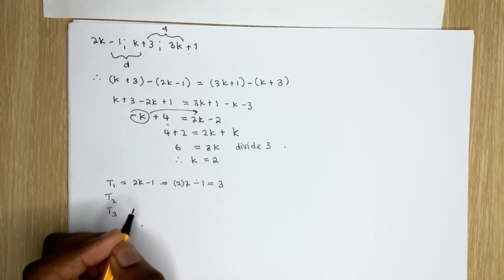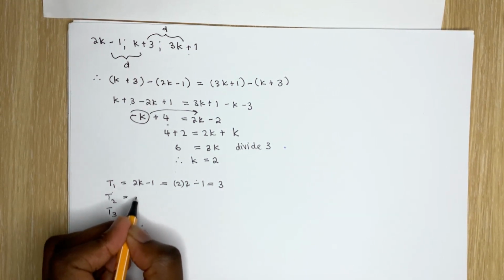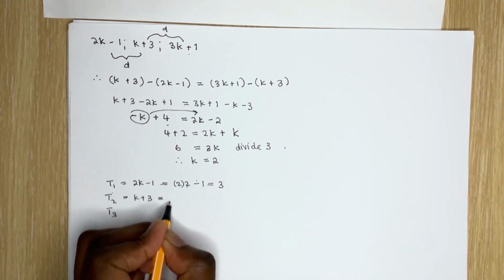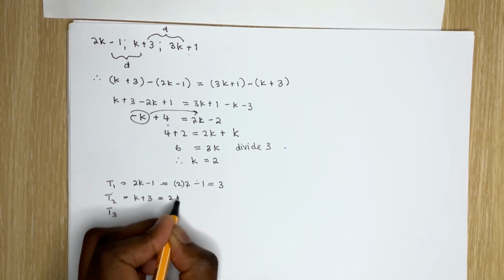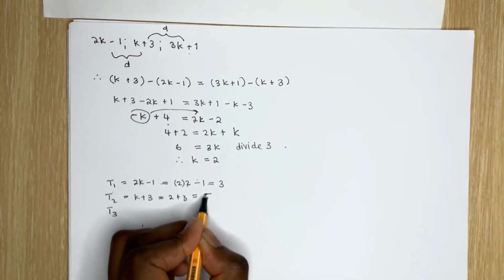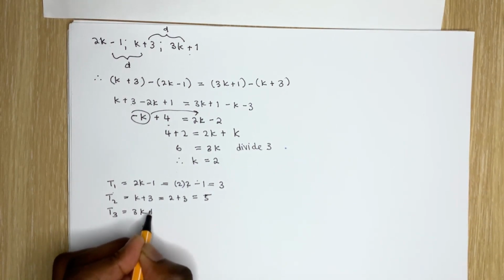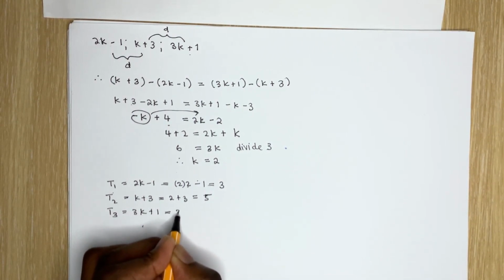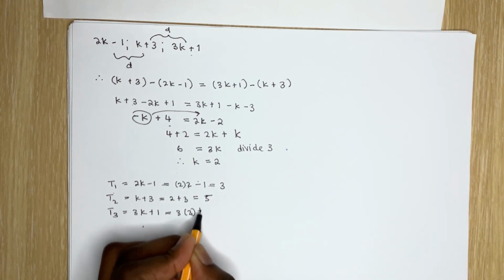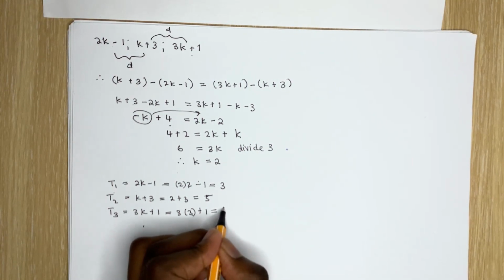Okay, so the first term is 3, the second term is k plus 3, which equals to 2 plus 3, which equals to 5. Okay, and then the third term is 3k plus 1, which equals to 3 into k, which is 2, plus 1, and if you calculate that, you get 7.